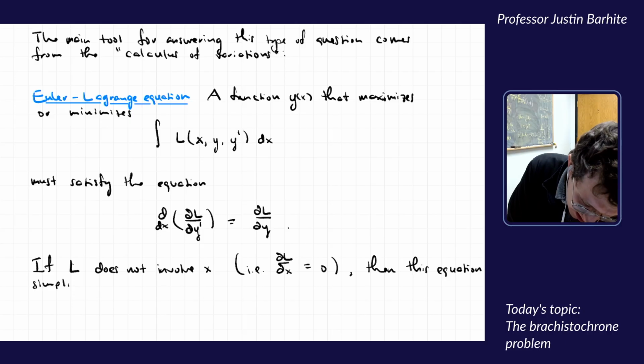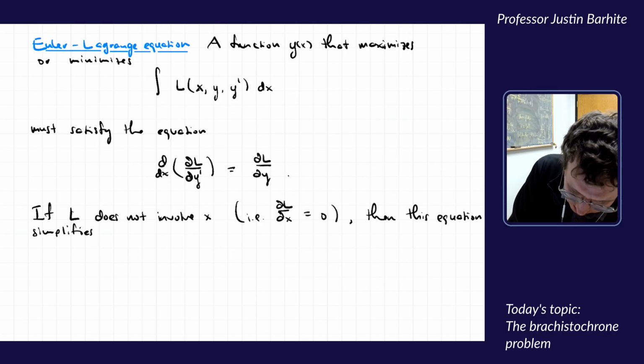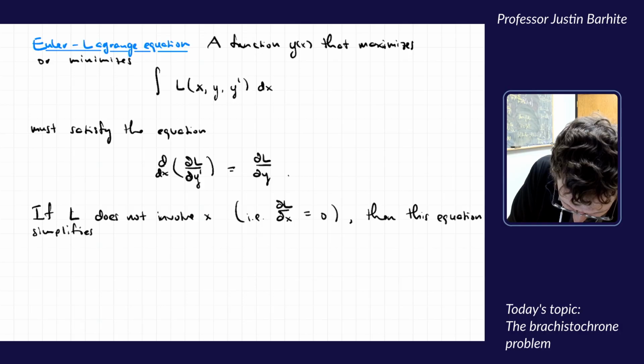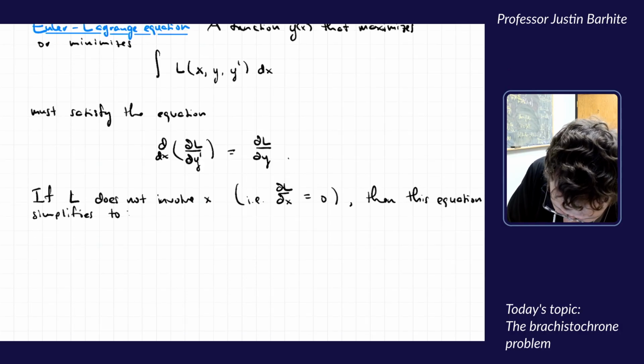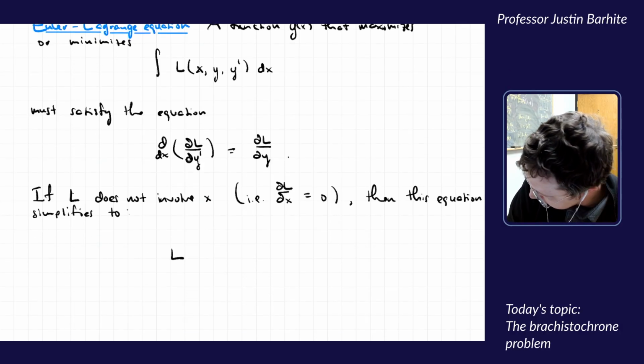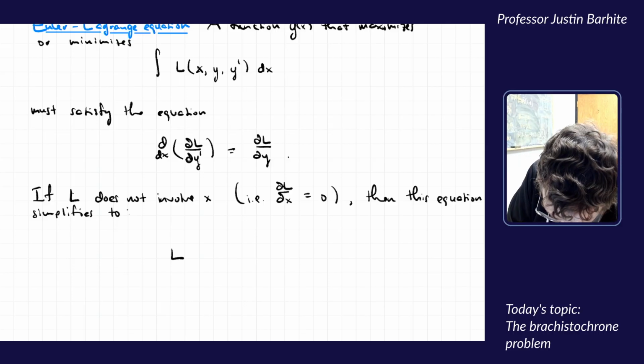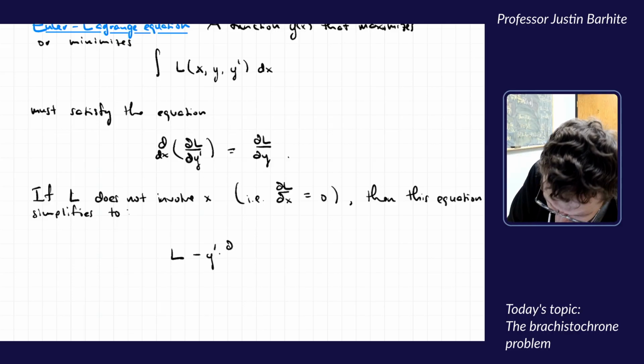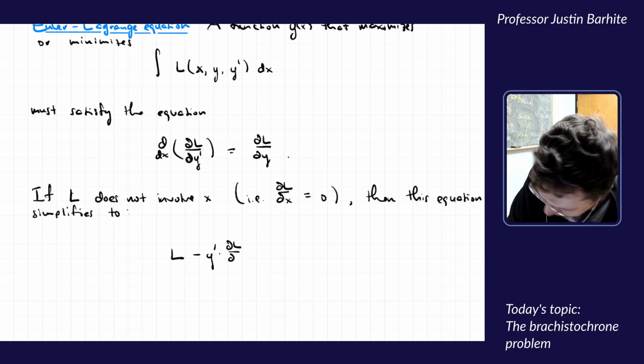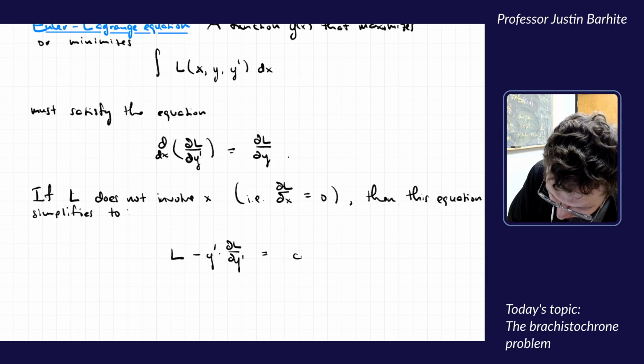So this Euler-Lagrange equation actually takes a simpler form, which is just that L minus y prime times the partial derivative of L with respect to y prime is a constant.